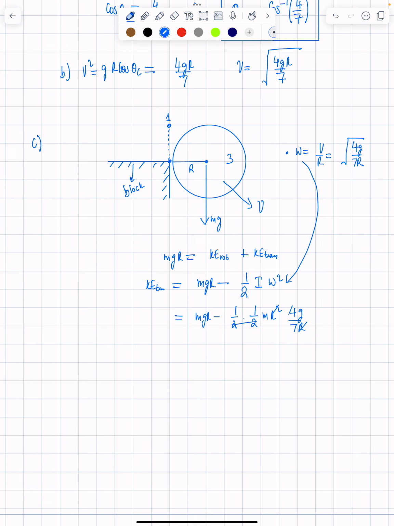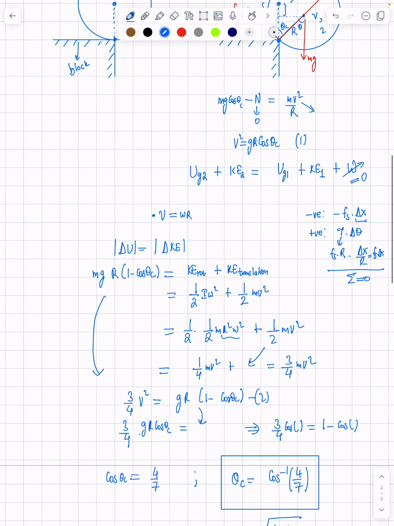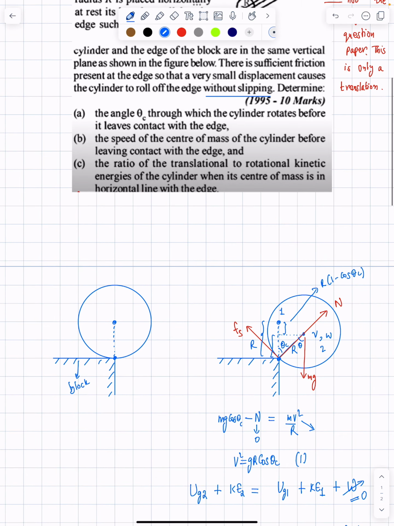Basically only one r will cancel, so this term is mgr over 7. So you'll get 6 mgr over 7. This is the translational kinetic energy.